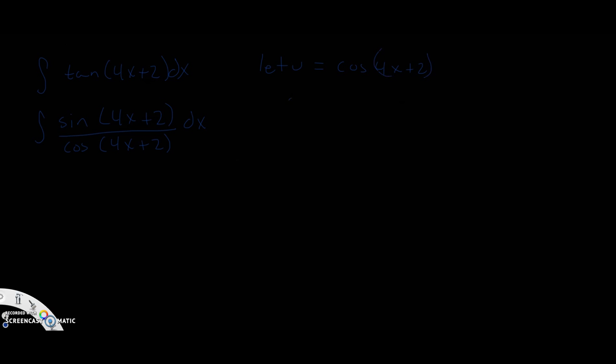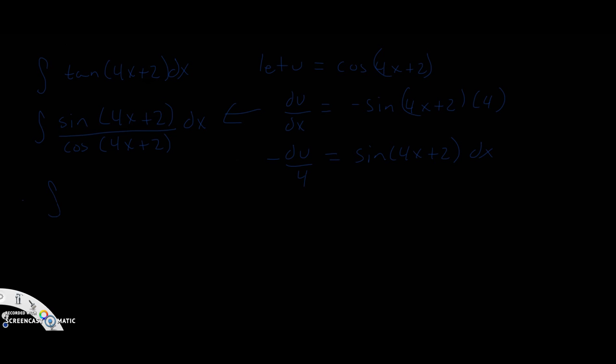Now when you do this, the derivative of u, du over dx, equals negative sine 4x plus 2 times 4. So now I need to make this look like this. I could do du over 4, actually make it negative du over 4, equals sine 4x plus 2 dx. So that part is correct.